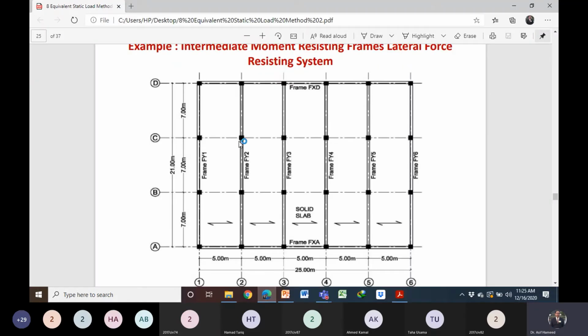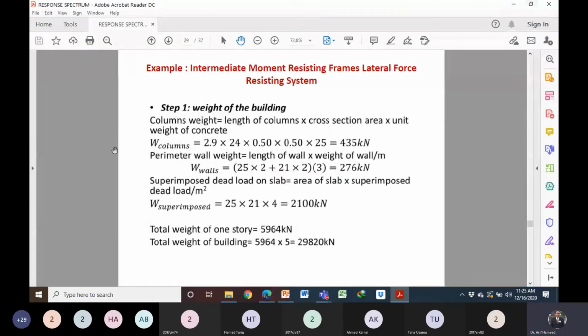Then calculate the perimeter wall weight. Look at the perimeter: 25 multiplied by 2, similarly 21 multiplied by 2. So 25 multiplied by 2 plus 21 multiplied by 2, and the perimeter weight per meter is 3 kilonewton per meter. So we can have the perimeter wall weight, and then the superimposed dead load.